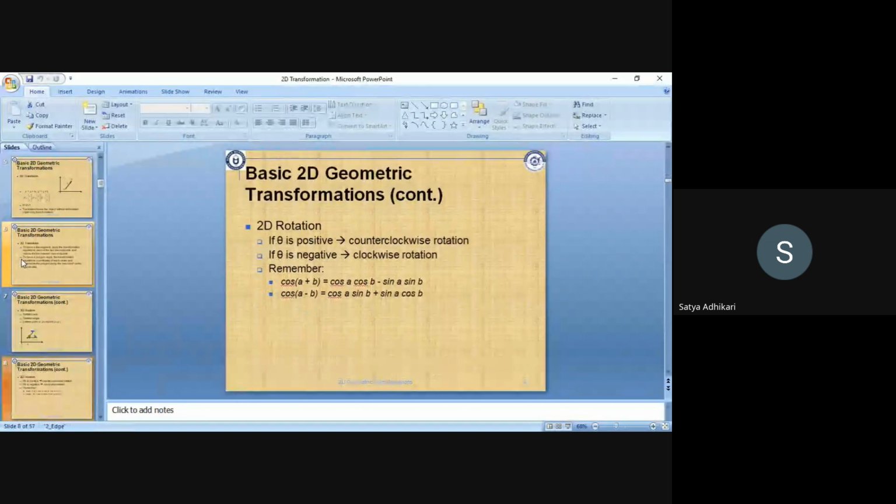If you want to rotate anti-clockwise, you have to take theta as positive. If theta is negative, it is a clockwise rotation.